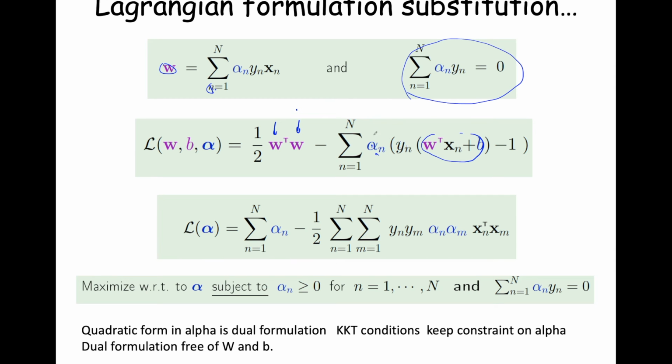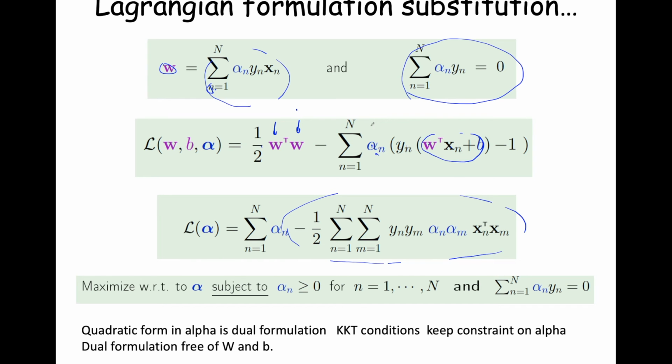So we get a 1/2 of that double sum, and we're going to subtract from that one of those double sums. That's a negative 1/2 of that double summation. And so here, this alpha n, yn, W transpose xn gives us this minus 1/2 double sum, n goes from 1 to N, m goes from 1 to N, of yn, ym, alpha n, alpha m, xn transpose xm.